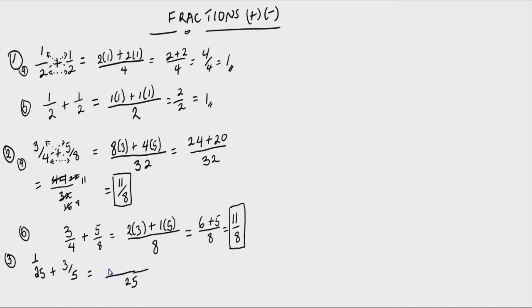And 25 and 25 is 1. 5 and 25 is 5. So you have 1 plus 15, so that's 16 divided by 25. And as you can see, you can't divide these two by the same thing. You can divide here by 4, but 4 doesn't go here. You know, 5 here, but 5 doesn't go here, and that means that is your final answer.